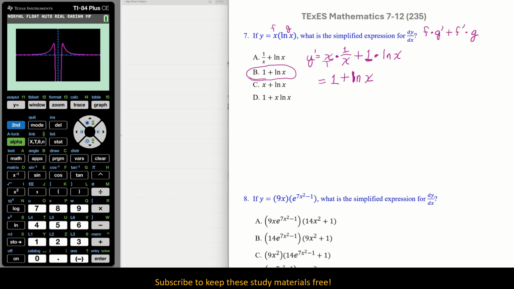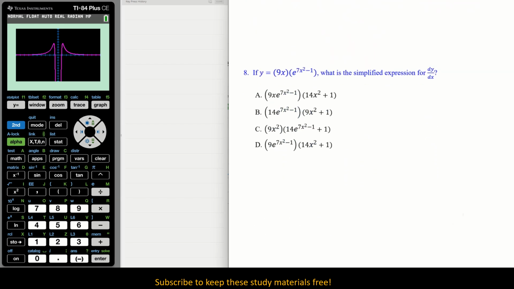Okay. All right. So let's go to number 8. If y equals, okay, we have a multiplied function again. What is the simplified expression for the first derivative? So we'll apply the rule we had before, and that was f is simply written down as is.